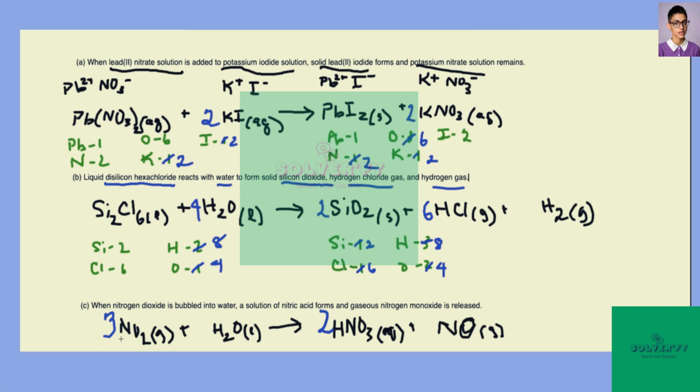And we see that we now have 3 nitrogens on this side and 3 nitrogens on this side, 2 hydrogens, 2 hydrogens, 7 oxygens, and 7 oxygens to balance the equation.